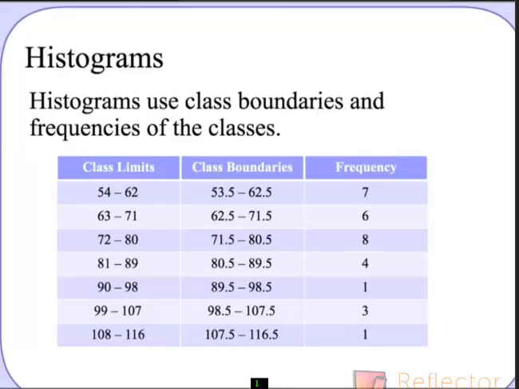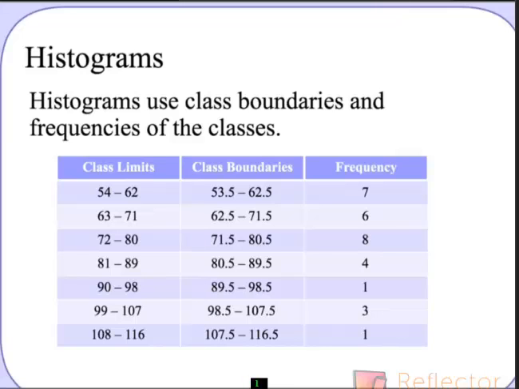We have the class limits, and we found those last time, recalling that our class width was 9 and we added 9 down. And then look at our class boundaries. Remember, that is taking our 54 and subtracting 0.5, and our 62 and adding 0.5. And we did that all the way down as well.